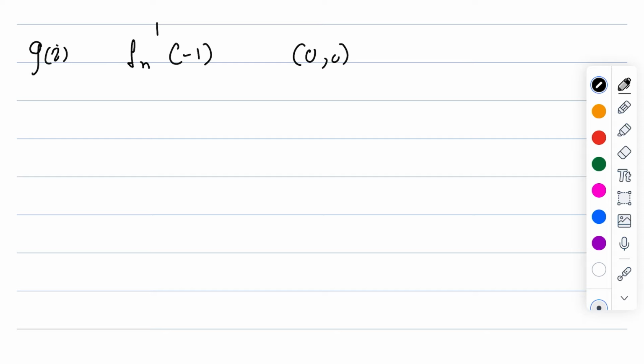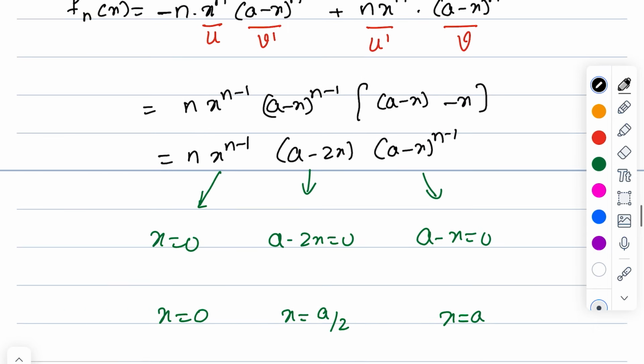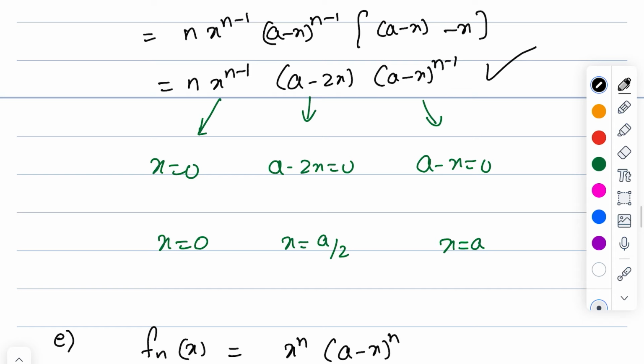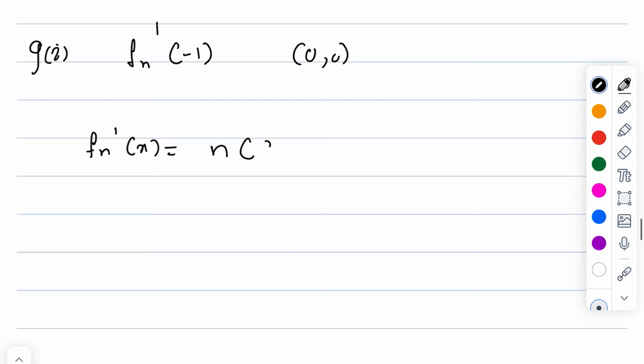So first of all, we are going to consider what is fn prime x. It is nothing but n times x power n minus 1, (a minus 2x), (a minus x) whole power n minus 1, the formula we have just found.